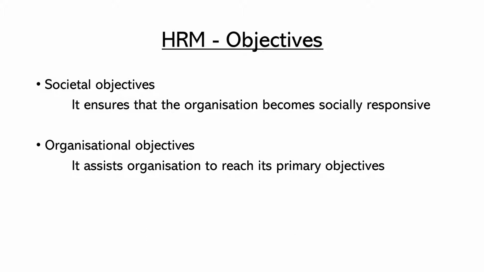I just want to quote one or two examples here for societal objectives. See, for example, companies like Tata Group provide scholarships to the institutions, right? Why do they provide scholarships to the institutions? We all know that there might be talented students, but they don't have enough economic background to pursue higher studies.